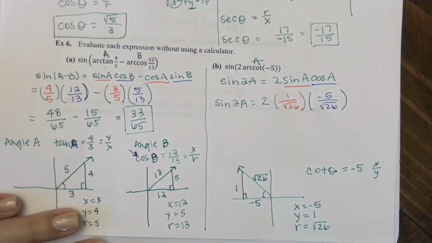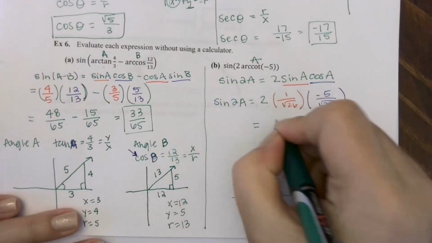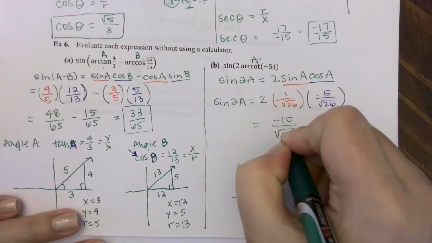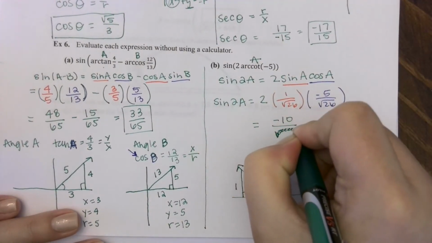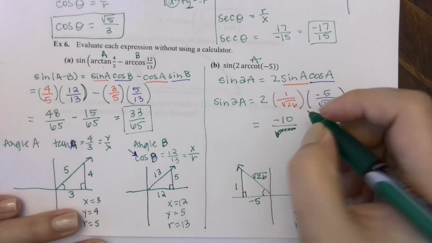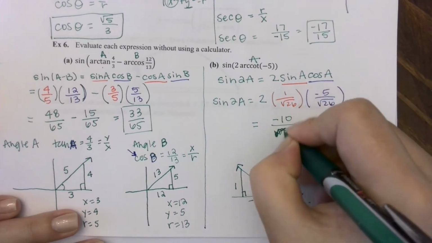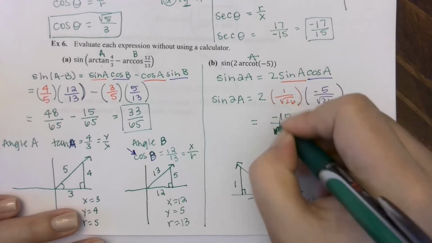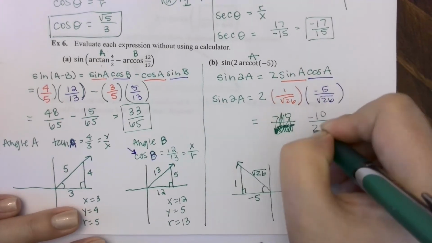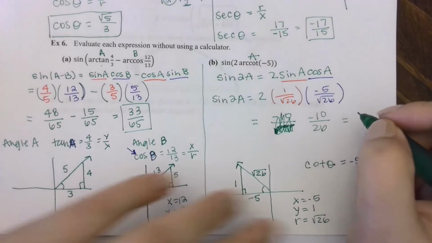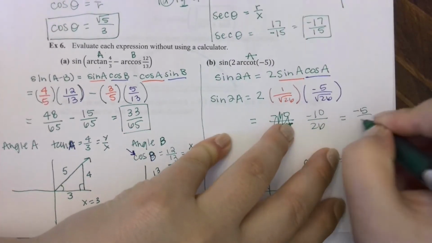So if I multiply these out, I have -10 over 26. No square root, because the square roots are going to cancel out. So -10 over 26, which is going to give me -5 over 13.